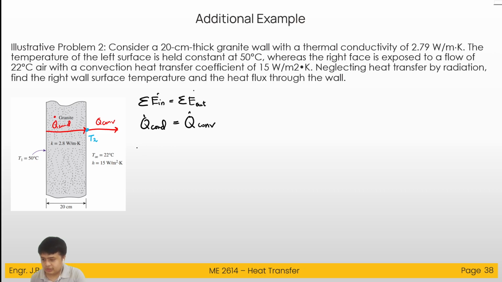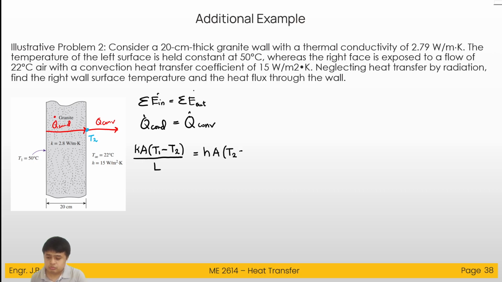So we have the formula already for that. So we have kA, then you have T1 here. So the hot here is T1, so T1 minus the cold, T2, and then all over L, and then equals hA. So we have hA, and then the hotter here, we are assuming that T2 is hotter than 22 for the air.